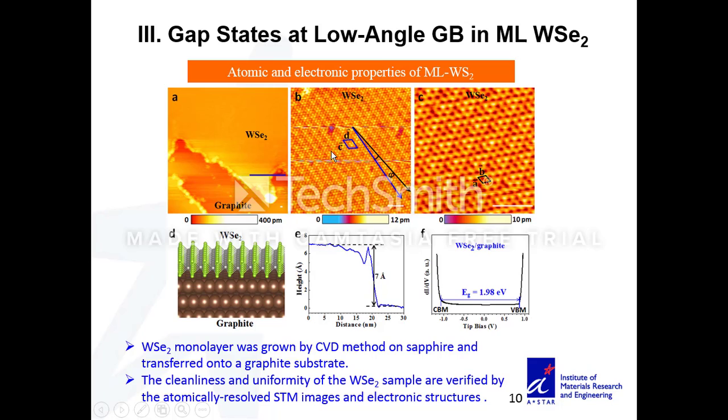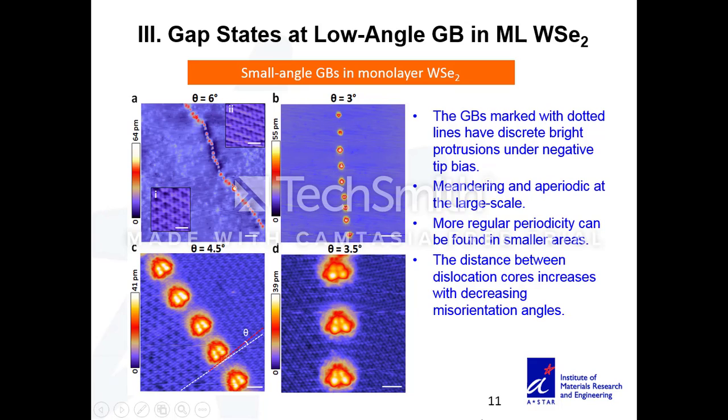And yes, we also can see moiré patterns and the edges of the WSe2 here. And the bandgap here is around 2 electron volts, which is quite close to other groups. So also we can observe the grain boundaries over the surface.